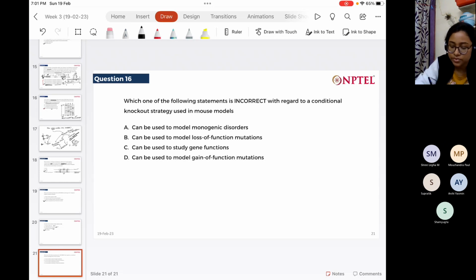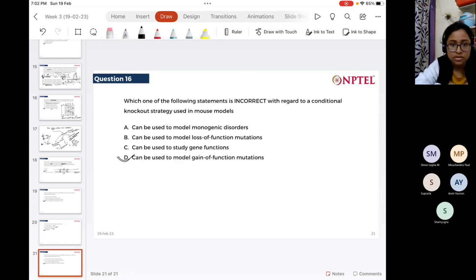D, yes. Even a conditional knockout cannot help us to study gain of function mutation. For that, we have to create a transgenic mice model. Whereas we can study monogenic disorders, where a disorder is due to a defect in one gene. There are also polygenic disorders, where defects in multiple genes result in a particular syndrome or disease.